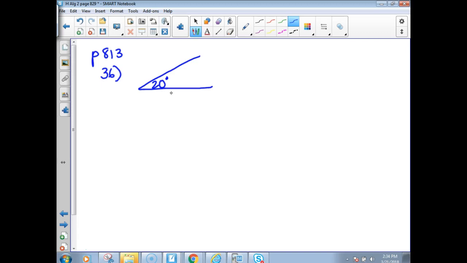Oh, okay. So it's going up at an angle of 20 degrees. Find the vertical distance if its horizontal distance is 60 feet. Okay, so opposite over adjacent. So that's just going to be the tangent of 20 equals x over 60. So 60 tan 20. Right triangle trig.